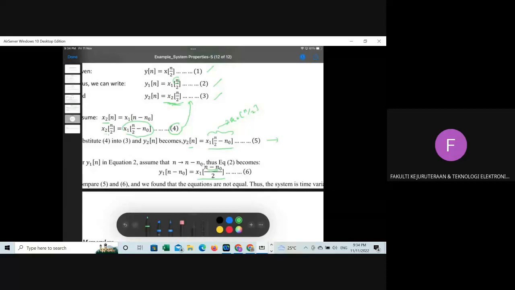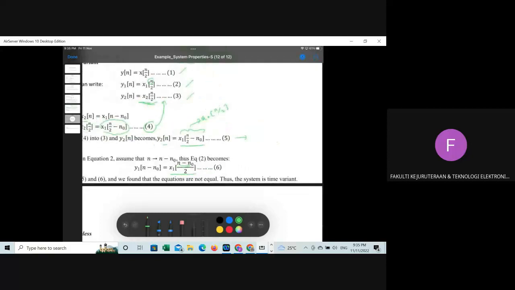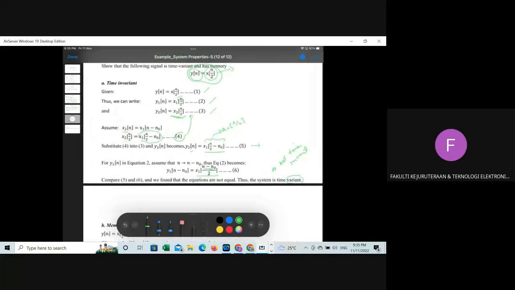So it's not equal. When this is not equal, the system is not time invariant, or we can write it as time variant. It's not equal.